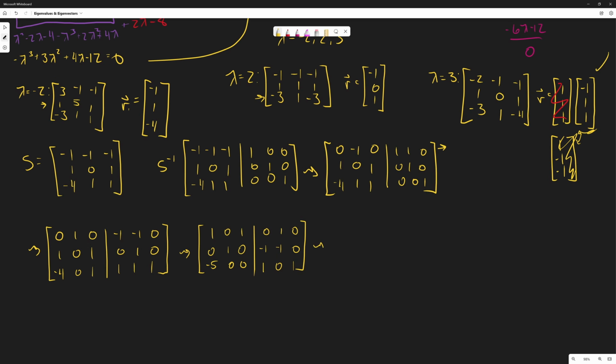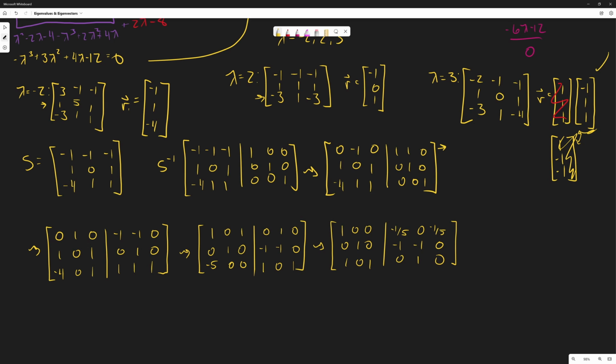And then divide by 5 and flip it. So it'd be 1, 0, 0, 0, 1, 0, 1, 0, 1. This would be -1/5, 0, -1/5, -1, -1, 0, and then 0, 1, 0.